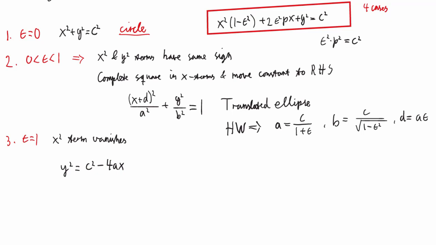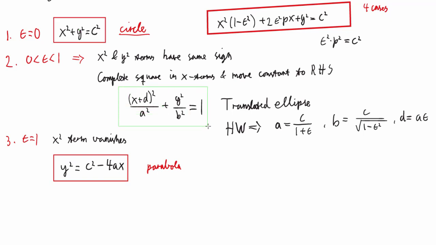And this, it turns out, is the equation for a parabola. Just like this is the equation for a circle, and this is the equation for an ellipse.